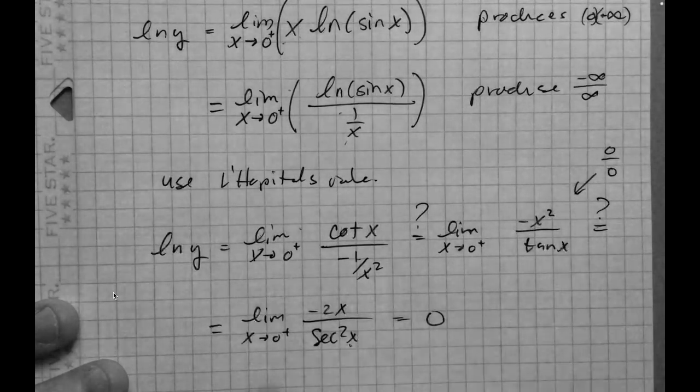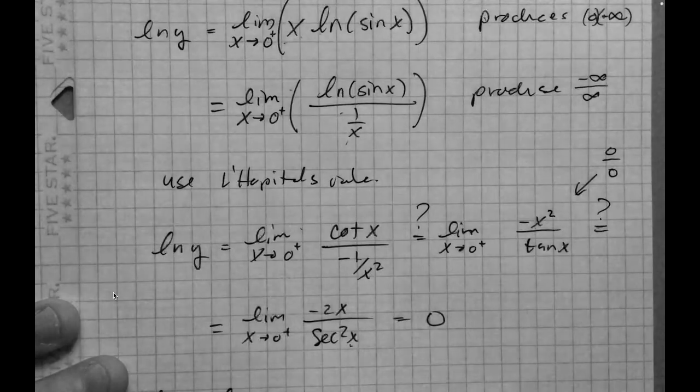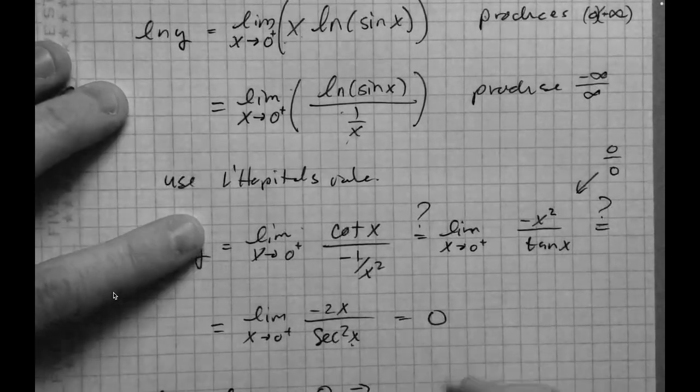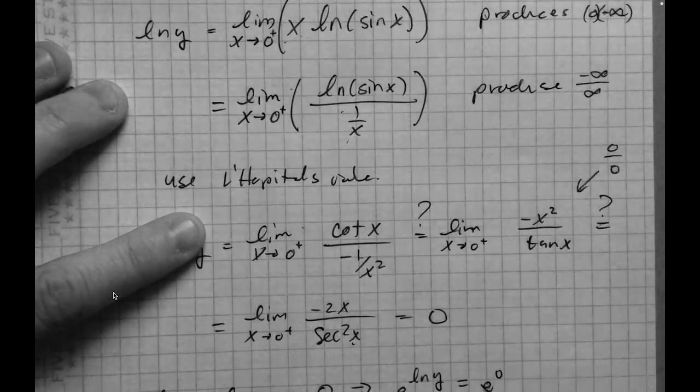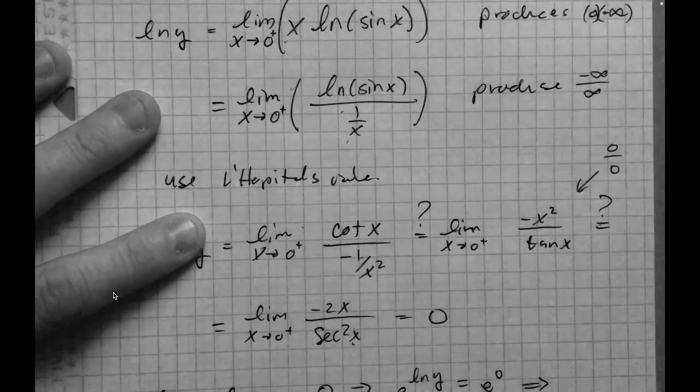So that means that the natural log of y is equal to 0. What does that mean? That implies that e to the ln of y is equal to e to the 0, which implies that y is equal to 1.